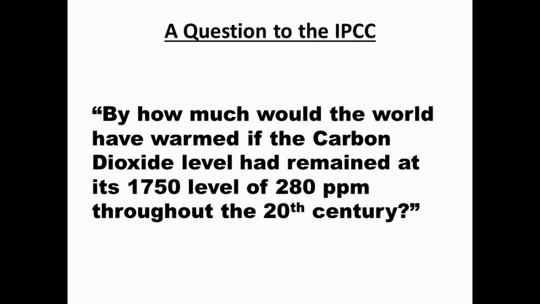To do that, the IPCC must first be able to answer this question. By how much would the world have warmed if the carbon dioxide level had remained at its 1750 level of 280 parts per million throughout the 20th century? I am quite certain that the IPCC cannot answer this question.